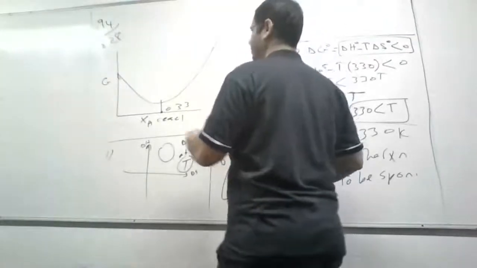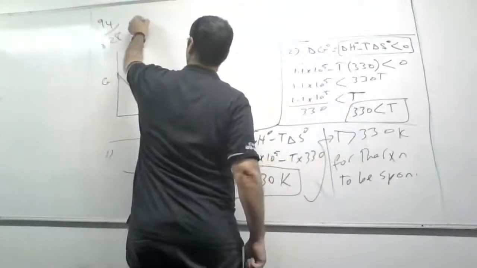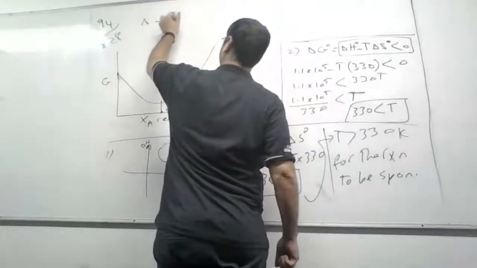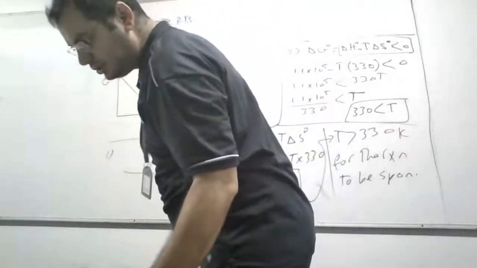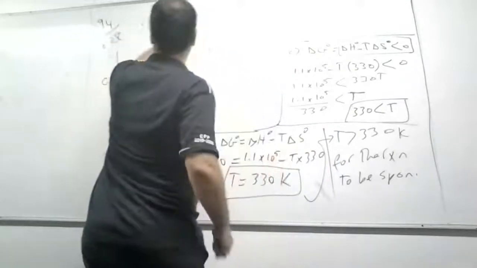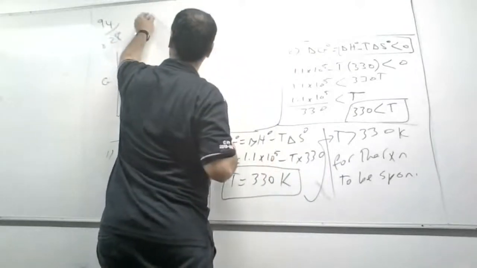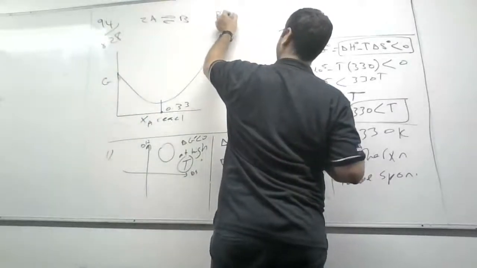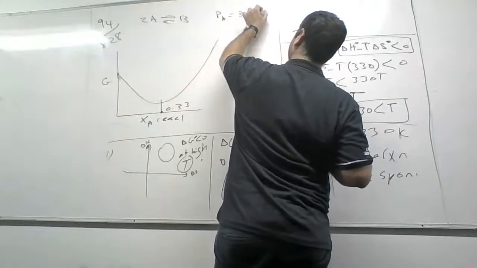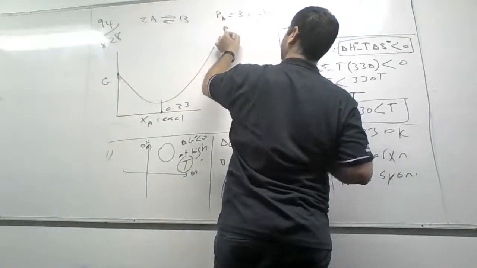Now the pressure for the equilibrium A to B, well, B to A. The original pressure of A is in atmospheres. The original pressure of B is 0.